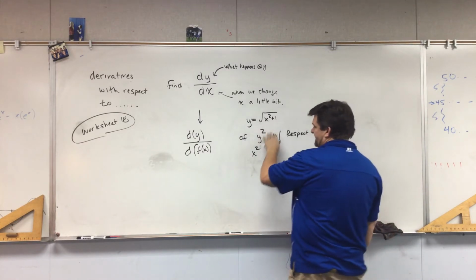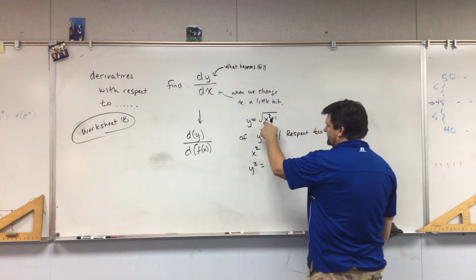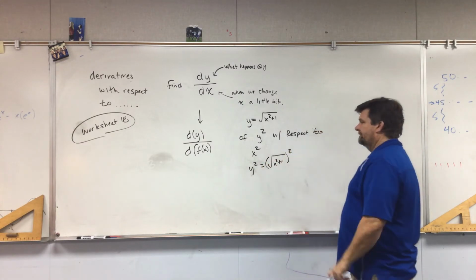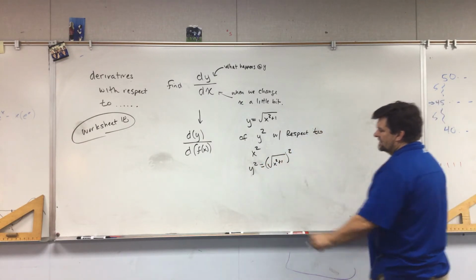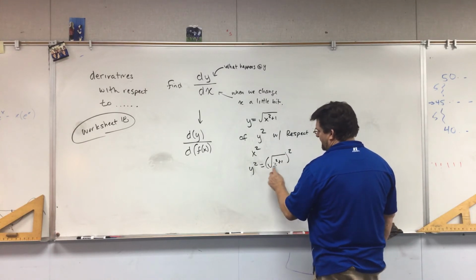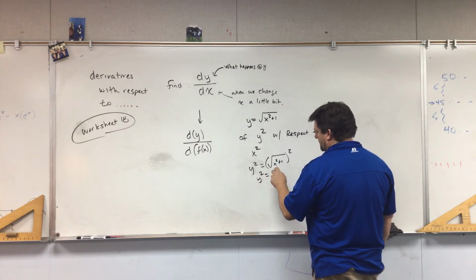So let's first tackle y squared. So y squared is going to be equal to x squared plus 1 squared. Okay? So now I'm going to get this idea right here of y squared is equal to x squared plus 1.